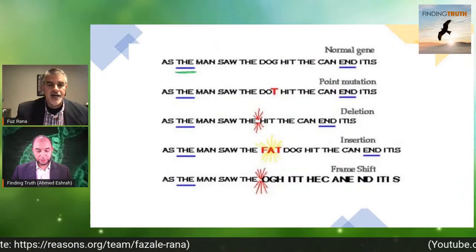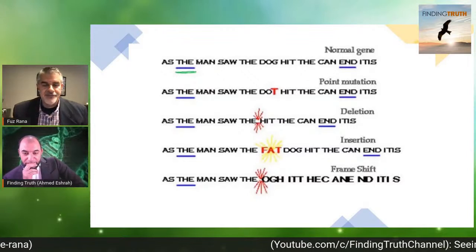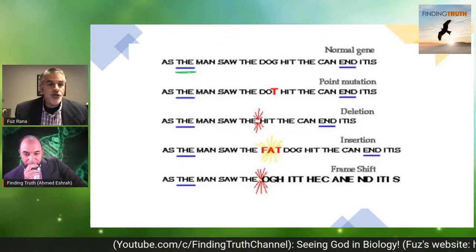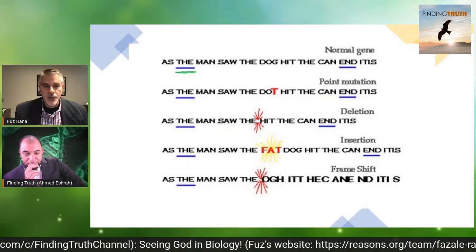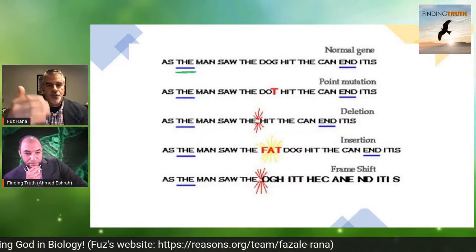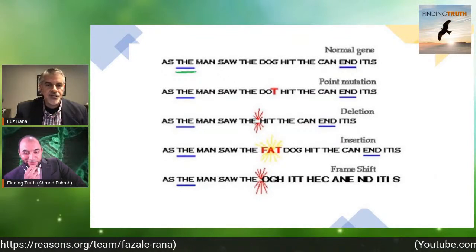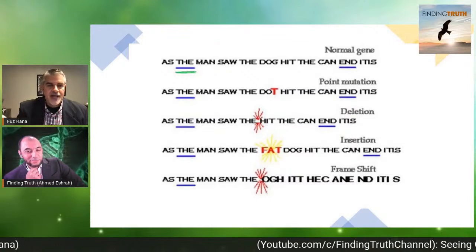Now, this is showing again the same kind of effect using human language as the illustration, as opposed to a DNA sequence. So if, for example, you have a G that's replaced with a T, that's a point mutation or a substitution mutation, the sentence changes, but it's not horrific, right?